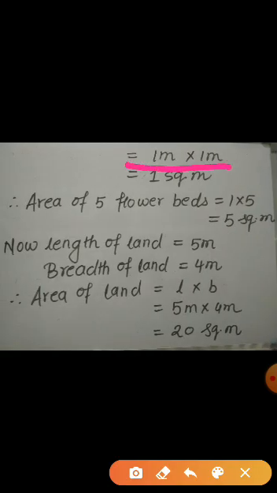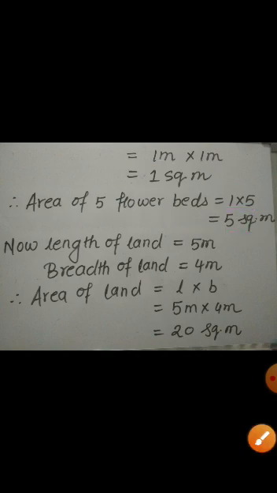So area is 1 meter into 1 meter, which is equal to 1 square meter. This is the area of a 1 square flower bed, right? But we have total number of 5 flower bed. There are 5 flower beds, right? So therefore area of 5 flower bed is 1 into 5, that is 5 square meter. Means area of 5 flower beds is 5 times the area of 1 flower bed.